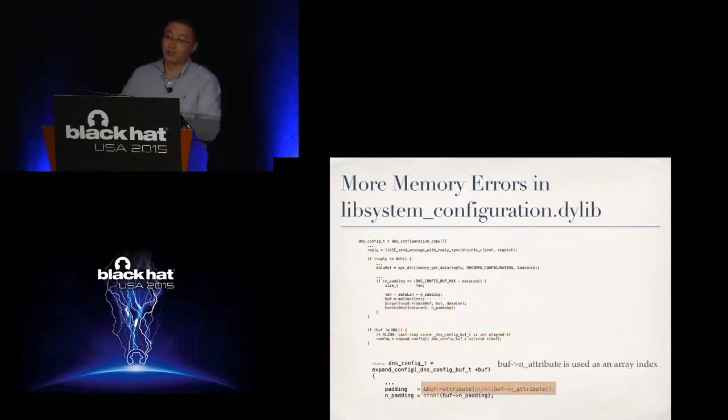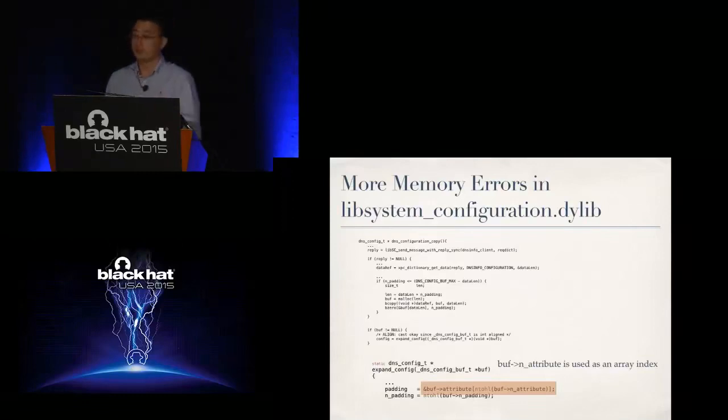But the code totally trusts the value inside the message. For example, it directly uses the attributes value as the array index. If you are able to control the message, you can set up a super large value here. Definitely using this as the index, it will trigger the memory error.